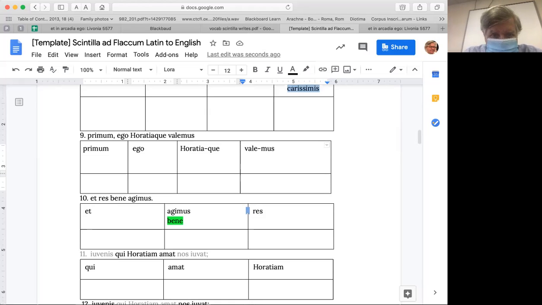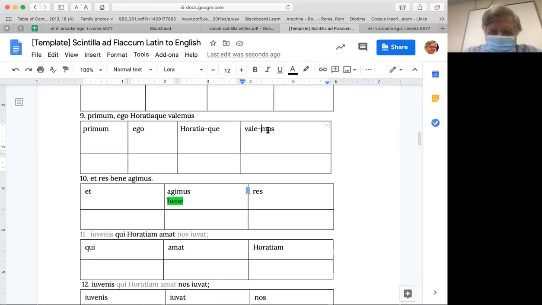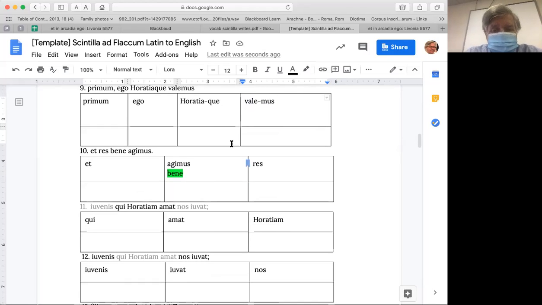So mus is the plural of I, and vale means to be well, to be healthy. Et, just a clause starter joining 9 and 10. Res bene agimus, again with mus, so we, age, res, a very generic sort of word, things, and bene, well.